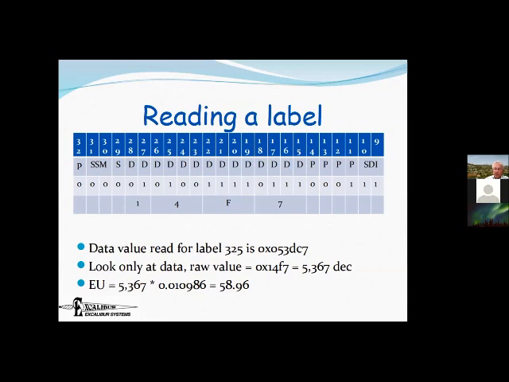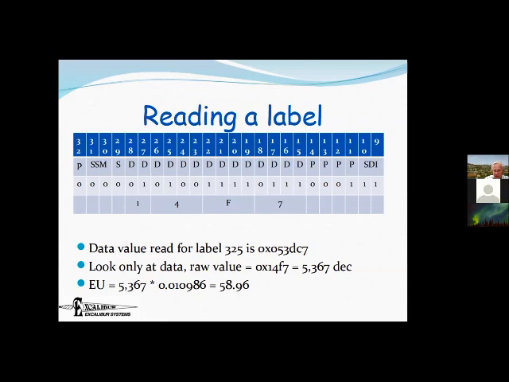5,367. We saw in the previous slide that the precision, the per bit value, is 0.01, whatever it is. So we multiply 5367 by that number, and we end up with 58.96 degrees.